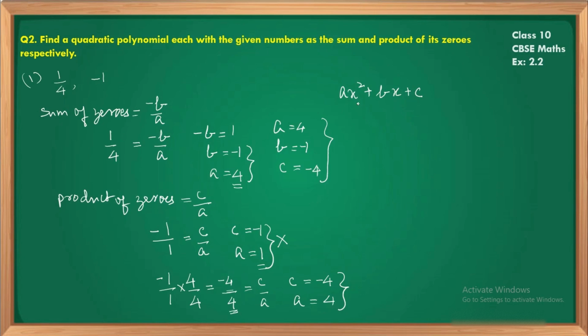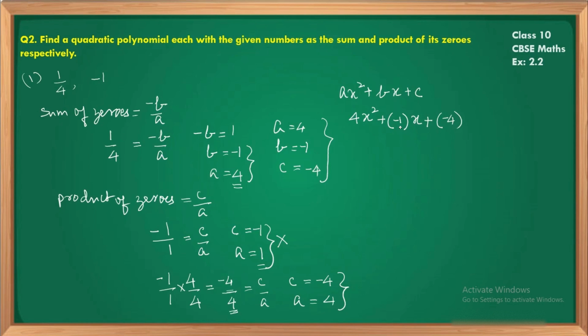Now we know the value of a, which is 4. So put 4 and then x square, put plus as it is. B, here it is minus 1. Put minus 1 and then put x as it is, plus c. C is minus 4.